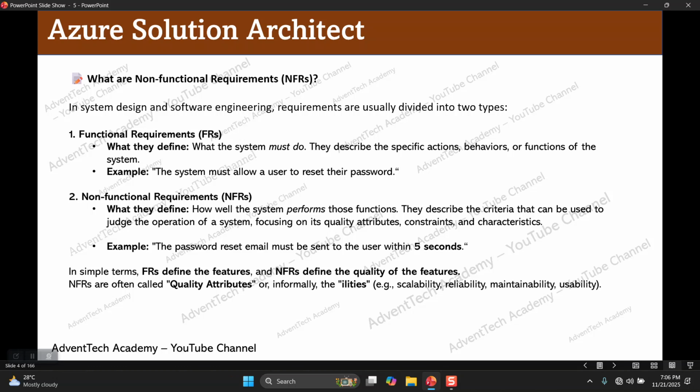Another one is, whenever the customer places an order, the system should send an email notification and an SMS notification to the customer. That is also a functional requirement. So a functional requirement means how the system is acting, functioning, and behaving towards the customers.